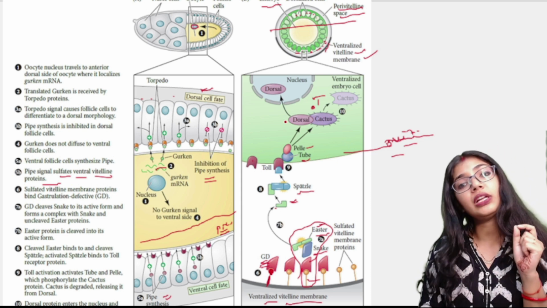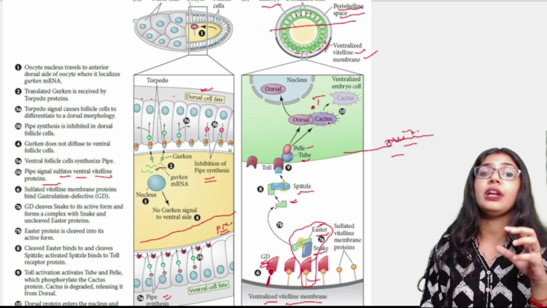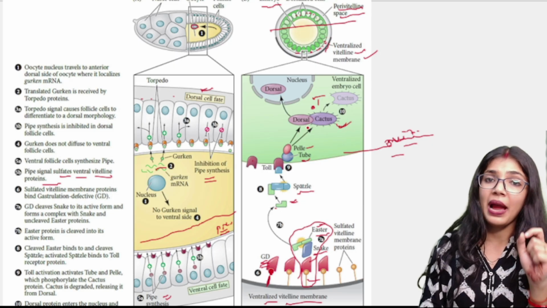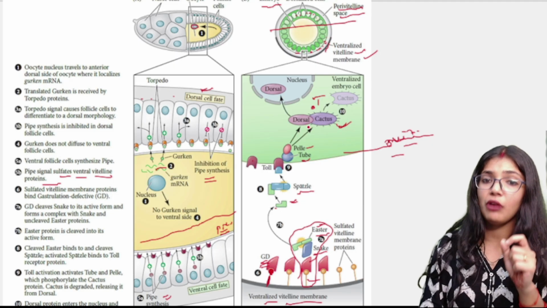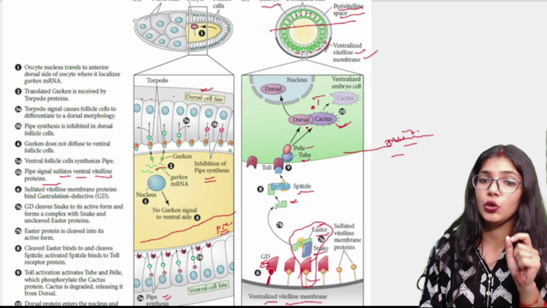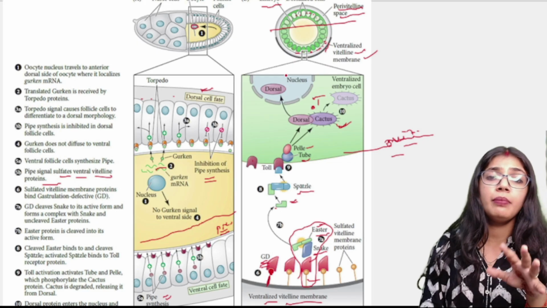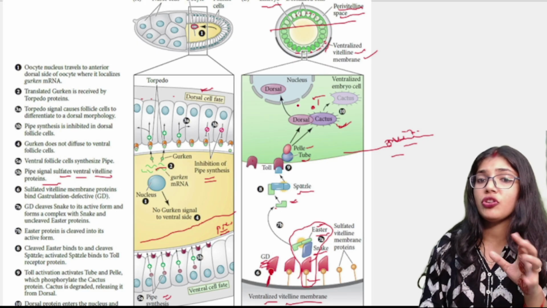But the dorsal is being regulated by another protein which is known as cactus. This cactus will bind with the dorsal and it will not allow the dorsal to enter inside the nucleus. Okay, so there cannot be proper ventralization of this embryo.